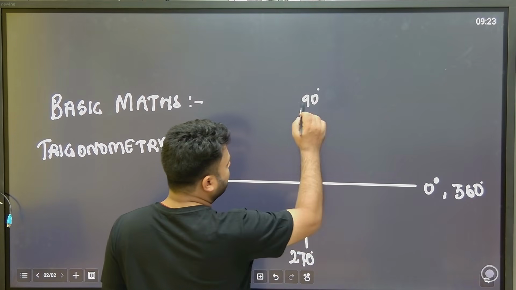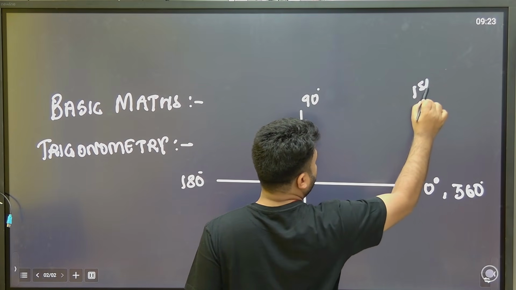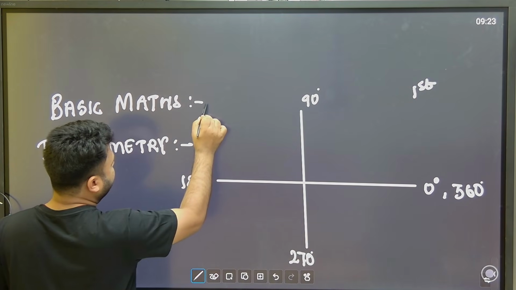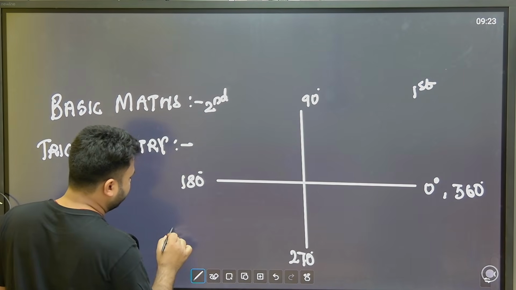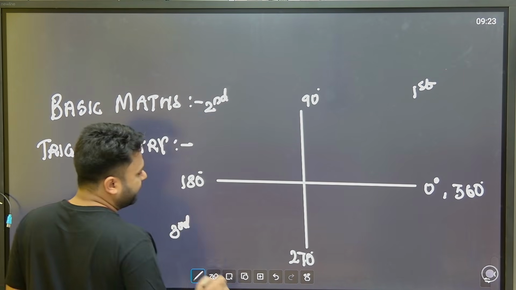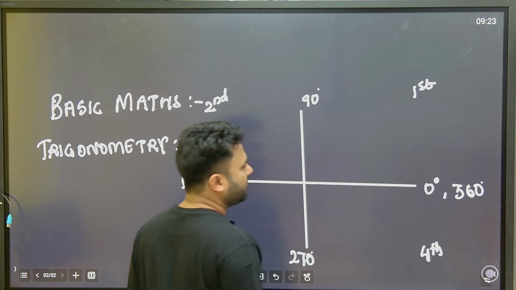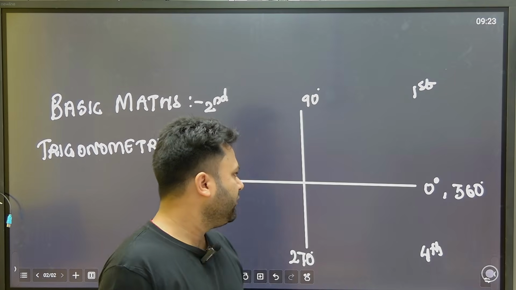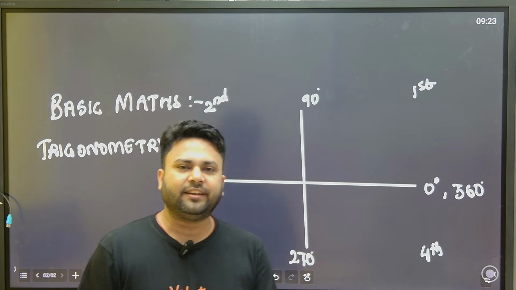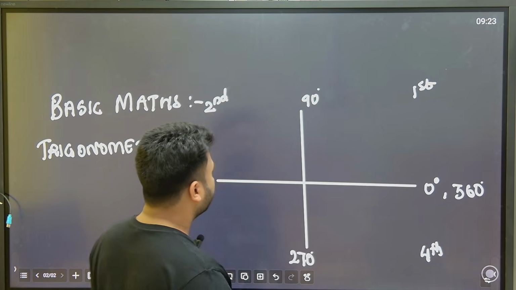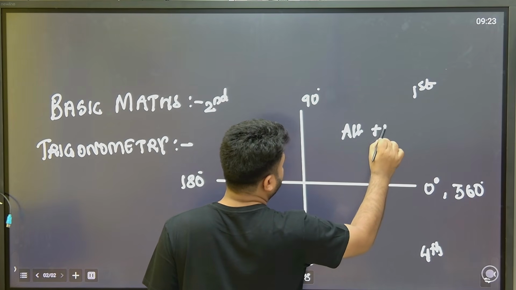Now from 0 to 90, this portion is called the first quadrant. From 90 to 180, this is called the second quadrant. From 180 to 270, this is the third, and from 270 to 360, this is the fourth. Now, we all know that in the first quadrant, whatever we take, like sine theta, cos theta, tan theta, all values are positive.